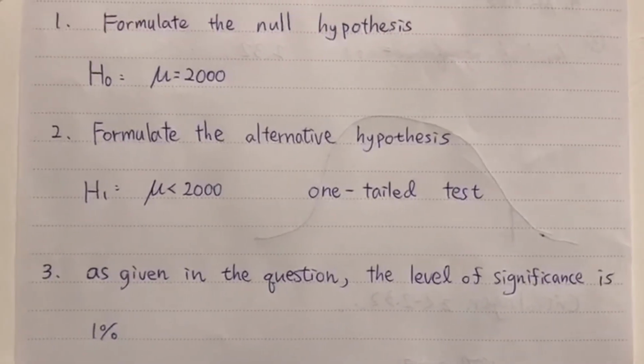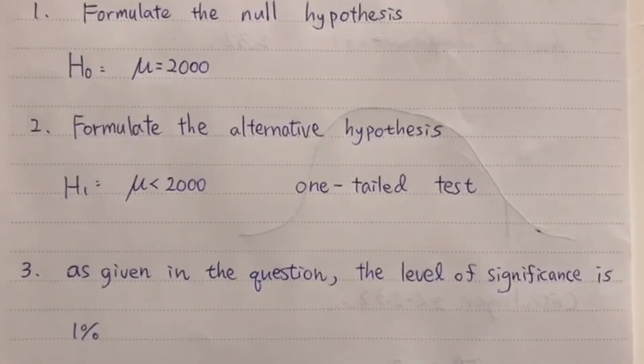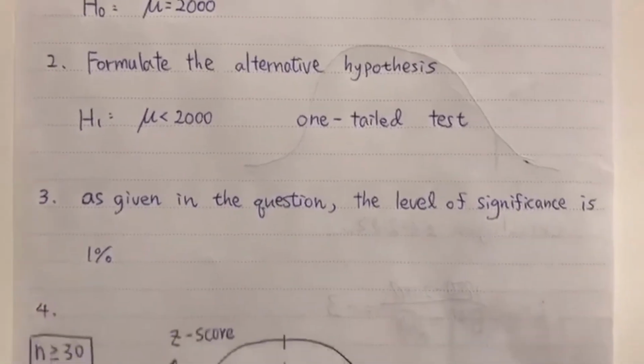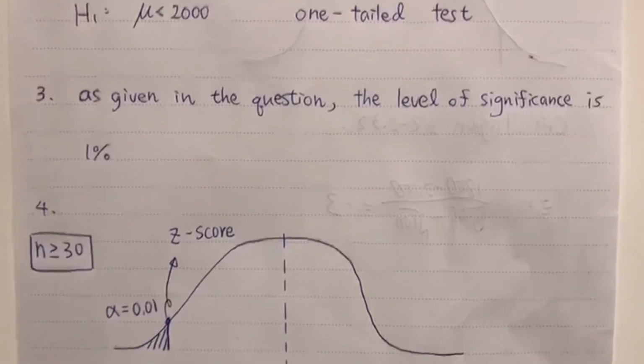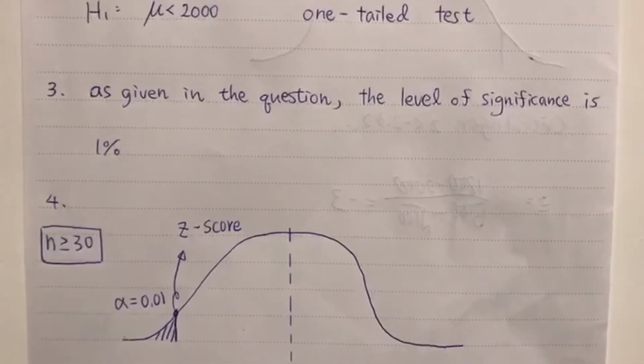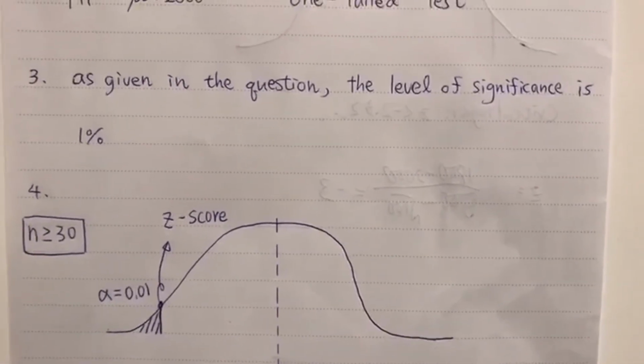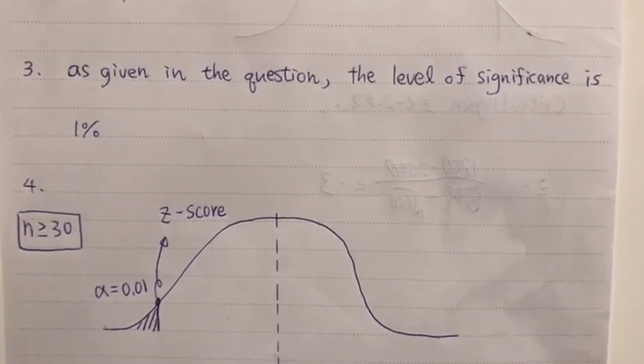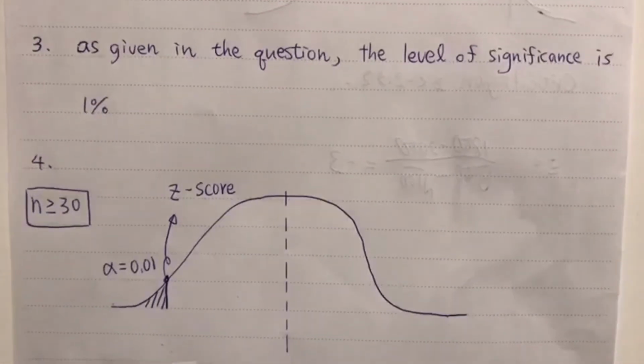Therefore, we know that this is a one-tailed test. As given in the question, the level of significance is 1%. Later on, we will use this figure to find our critical region.